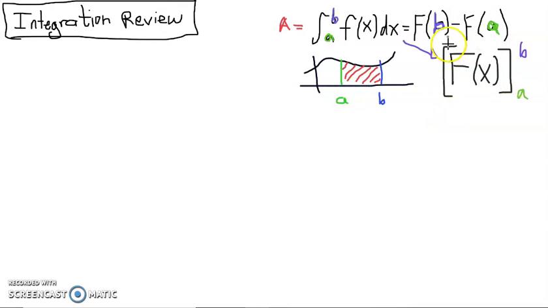But remember, you're going to plug in the upper limit first. Notice the b here is plugged in first. The a is subtracted away from that. So remember why that is. Remember what we're finding here when we take the integral from a to b is we're finding the area under the function between the lower limit a and the upper limit b, which is this red area here.